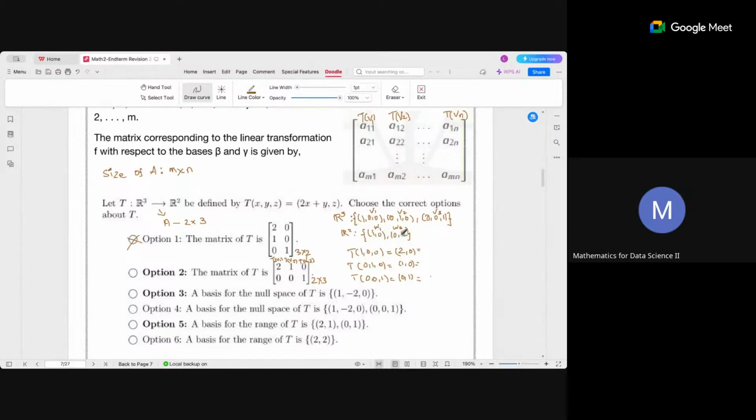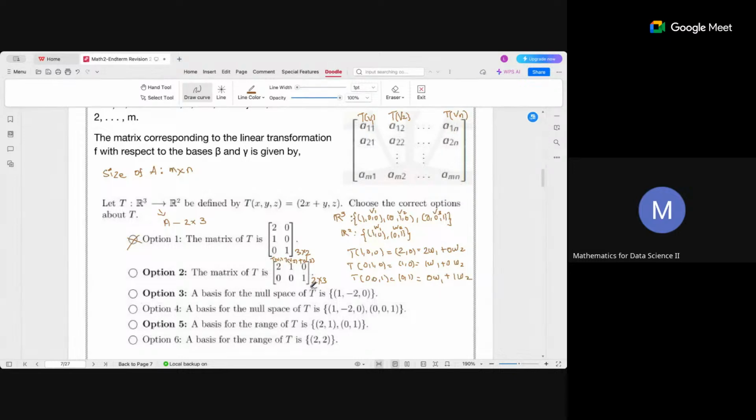These are the basis of the codomain, and these are the images which we have found. So we write them as a linear combination: 2W1 plus 0W2, then 1W1 plus 0W2, and then 0W1 plus 1W2. Now the coefficients we write as columns. Coefficients of T(V1) are 2 and 0. Coefficients of T(V2) are 1 and 0. Coefficients of T(V3) are 0 and 1.